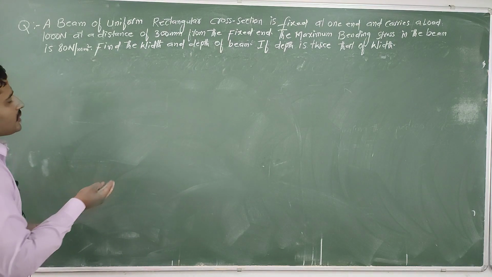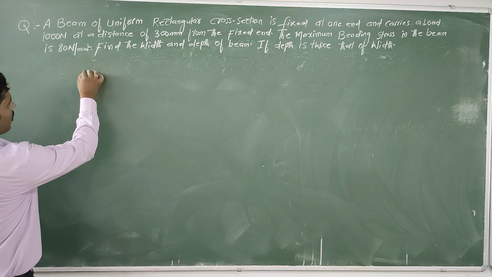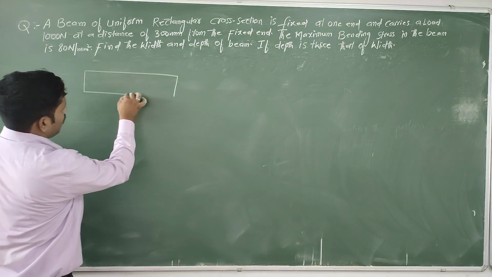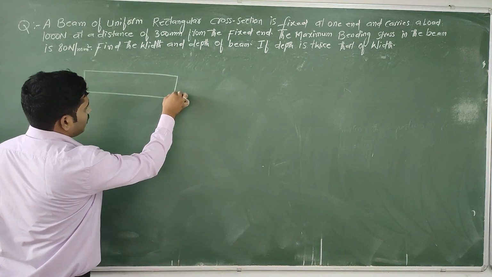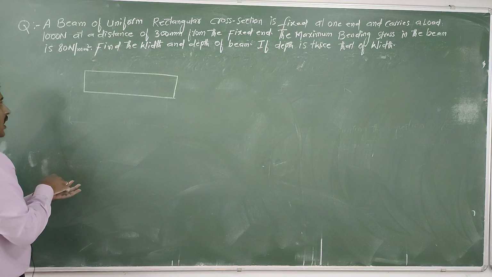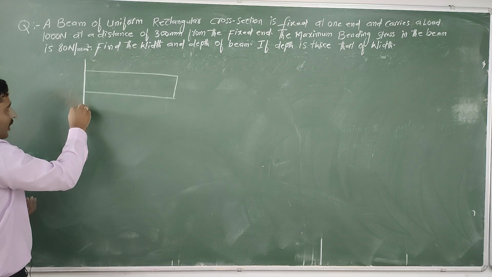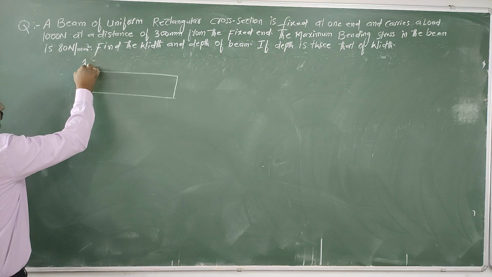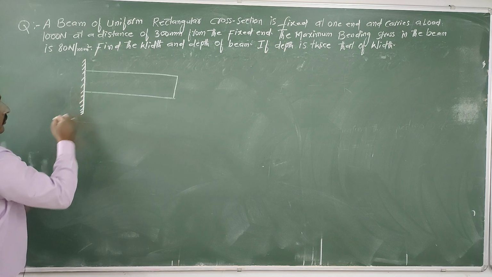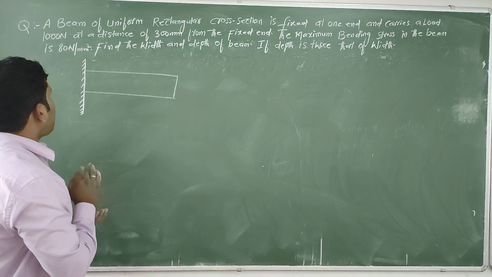So let us see. A beam of uniform rectangular cross section is fixed at one end, and it carries a load of 1000 Newton.